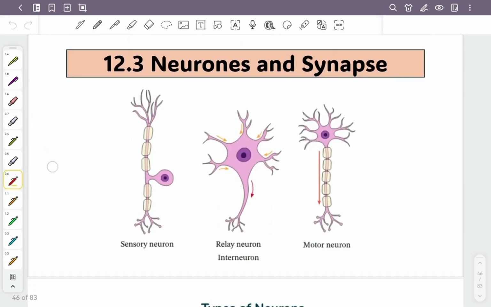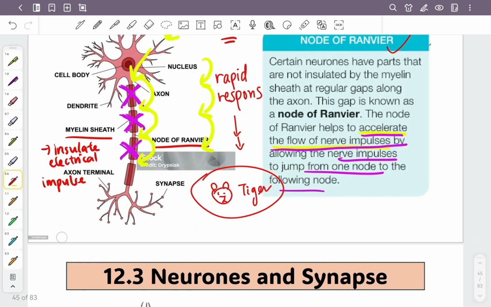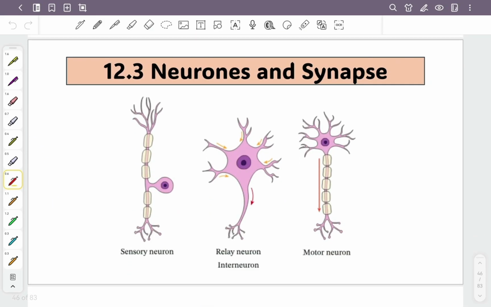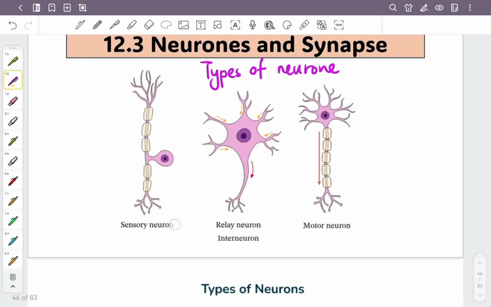So we have done the six structures and the functions of the neuron. So we're going to look at the types of neurons. So all of these are types of neurons. We have three types of neuron. First, the sensory neuron, or in other books you can also see they call this the afferent neuron.